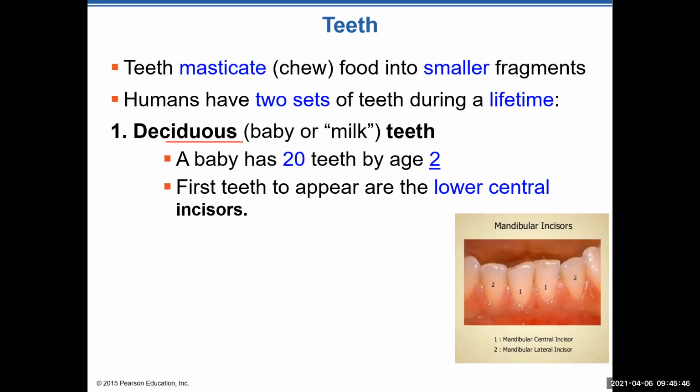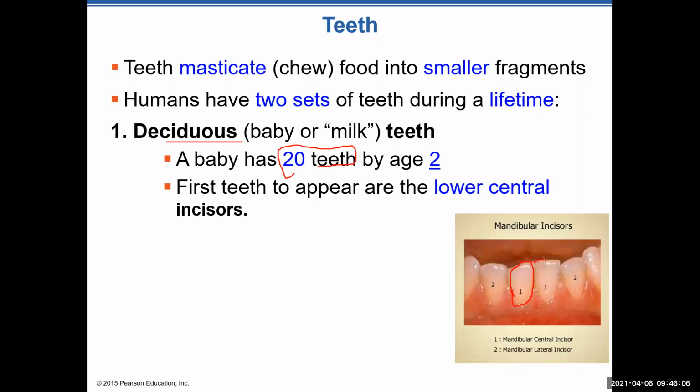So we all know that we have two sets of teeth. We have the deciduous teeth. A baby usually by the age of 2 has all 20 teeth. If you see the diagram over here, this tooth is called the incisor. This is the first one to appear.